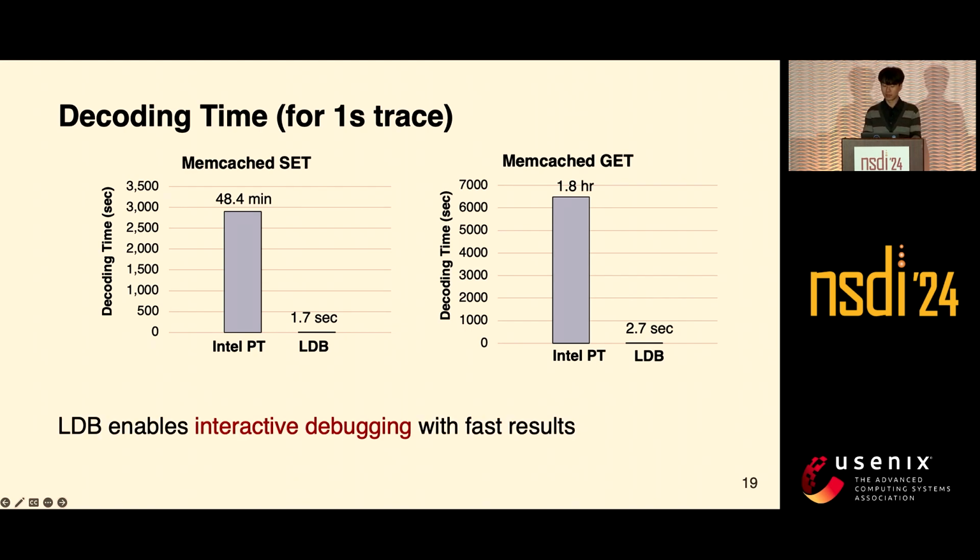On the other hand, as LDB's raw output itself is latency information, it only requires processing for interweaving the events and calculating the statistics. As a result, LDB only takes up to 2.7 seconds to decode the 1-second traces, enabling interactive profiling with fast results.